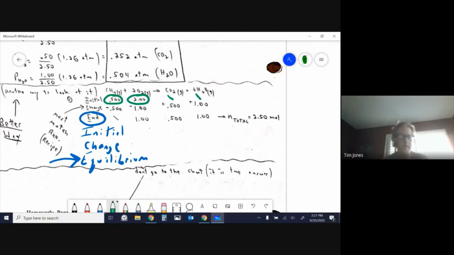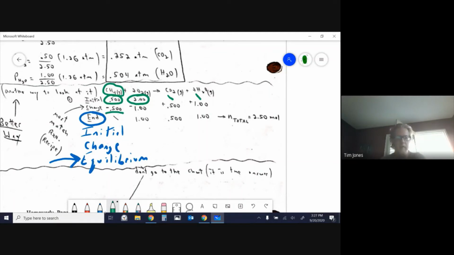Now, based on this scenario, if you have half a mole of CH4 and 2 moles of O2, that means that CH4 is your limiting reactant. It'll run out first, which means the amount of CH4 that reacts is negative 0.5.